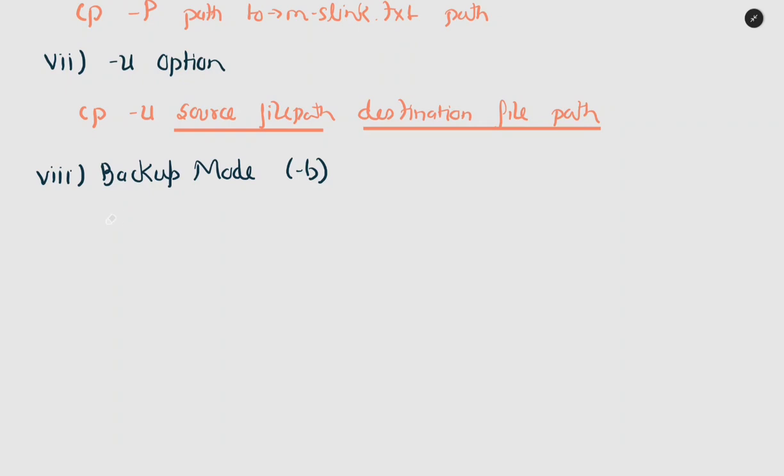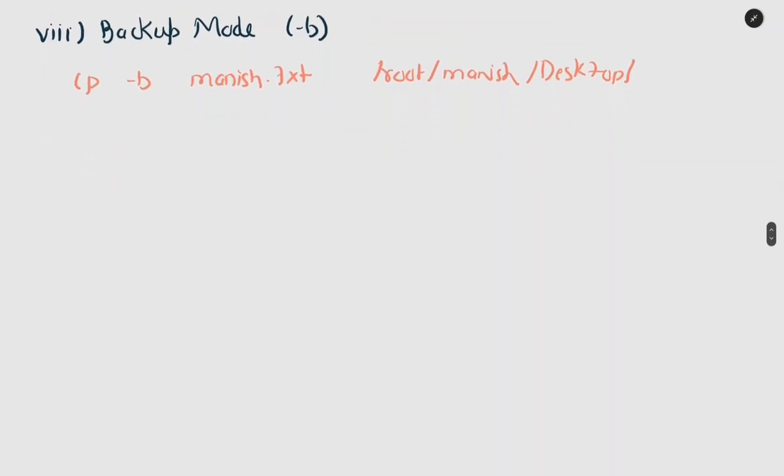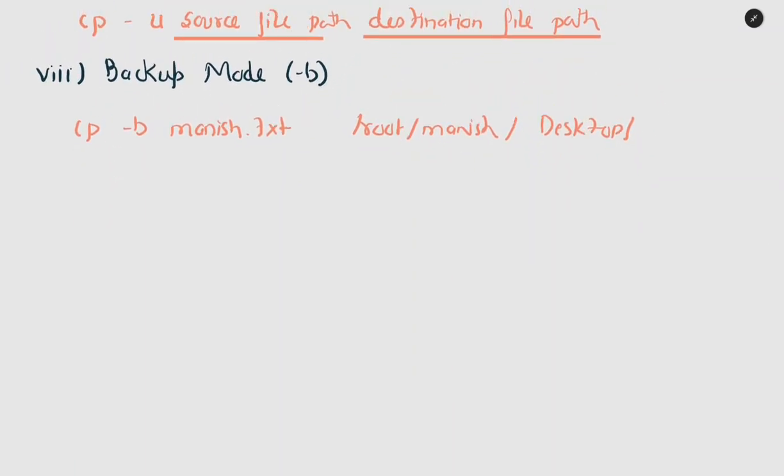So example, cp -b source file, let's say manish.txt, root manish, and the desktop. This is the option -b, source, destination.